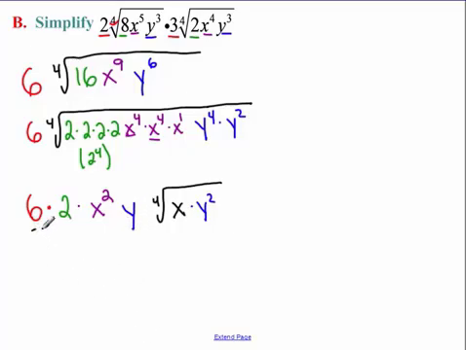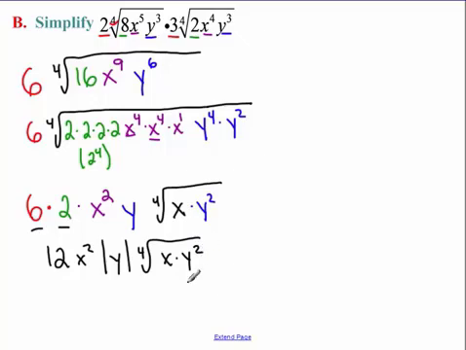So our final answer would be 6 times 2, which is 12, x squared, the absolute value of y, even root simplifying to an odd exponent, times the 4th root of x y squared. And that ends up being our final answer.